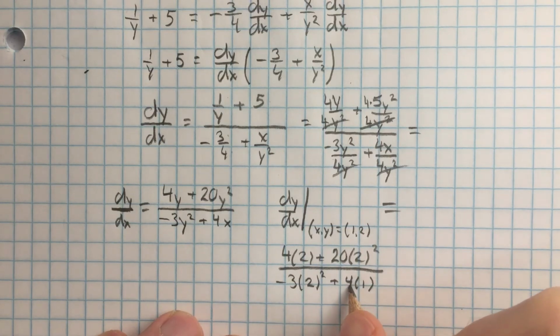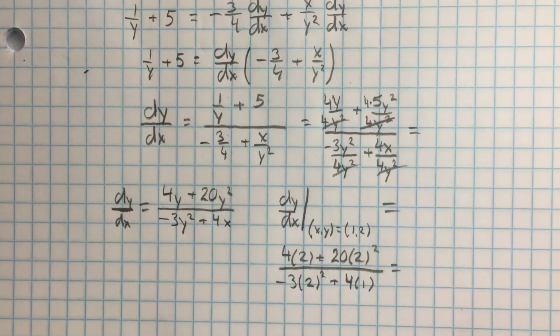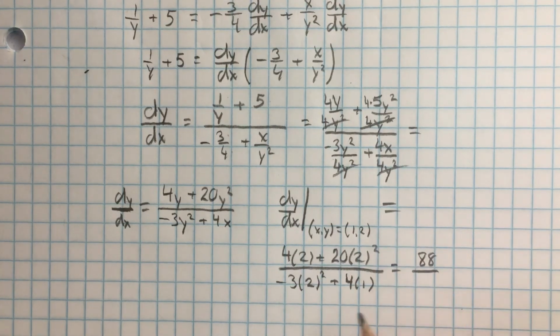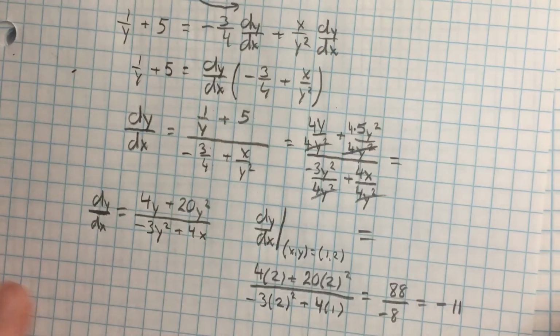Just plugging in all the x and y values. And now let's just simplify and see what we have. So we have here 4, and this is 80, so 88, over 4 minus 12, which is negative 8. Is that correct? And so we'll have negative 11, it looks like, if I'm not mistaken. So negative 11, there's the slope of our tangent line.